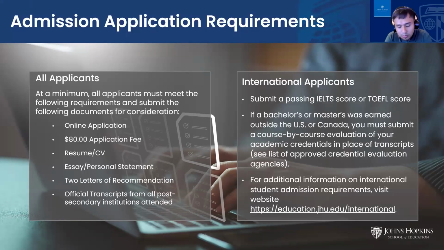So if you are an international student or have completed work outside of the US, you want to start that process early. I know some agencies such as WES can take anything between 3 to 4 months to complete an evaluation.